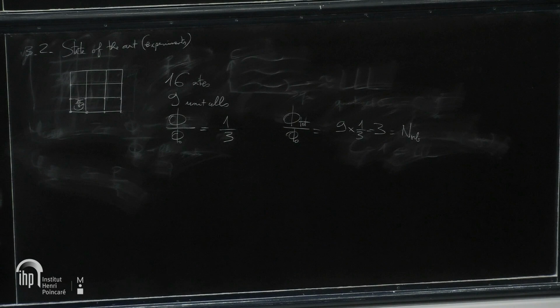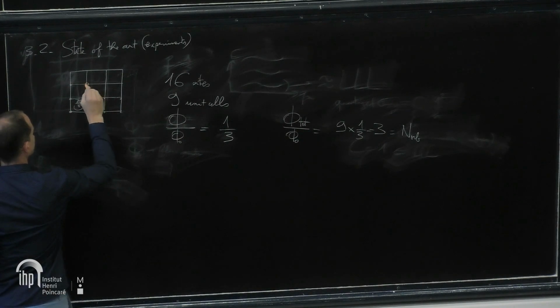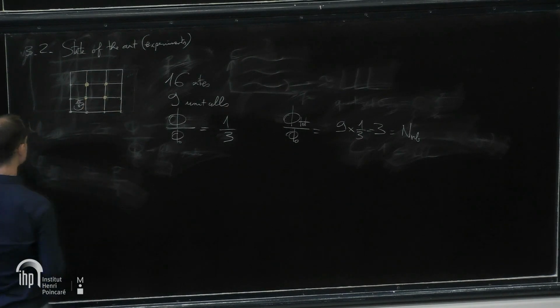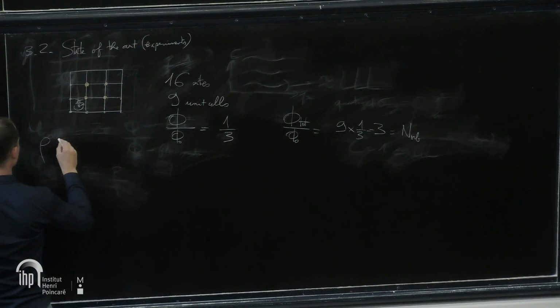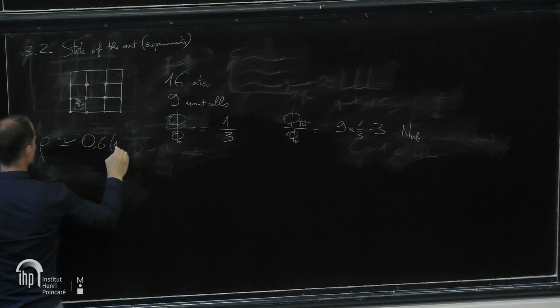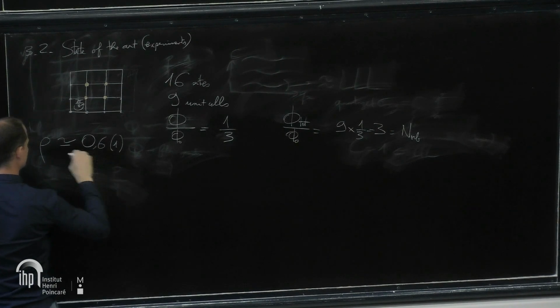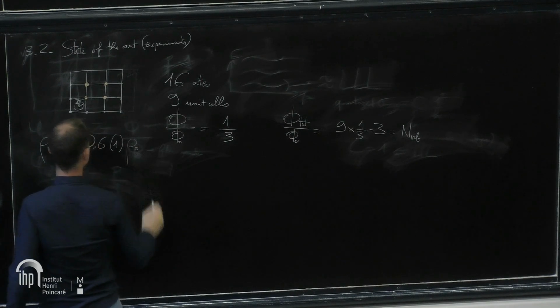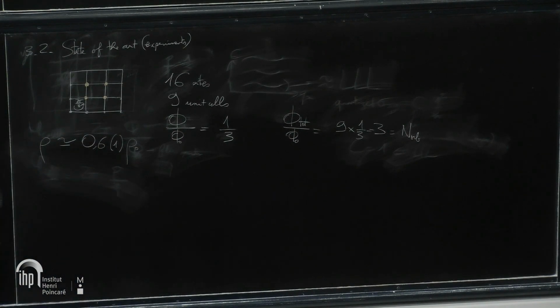So in order to get this plateau value, they were only looking at the central sites here. This is a sort of bulk. And they could measure that rho was, I think, 0.6 with an error bar of 1 or 2, I don't remember. I should have checked, sorry. That rho was 0.6 times rho 0.